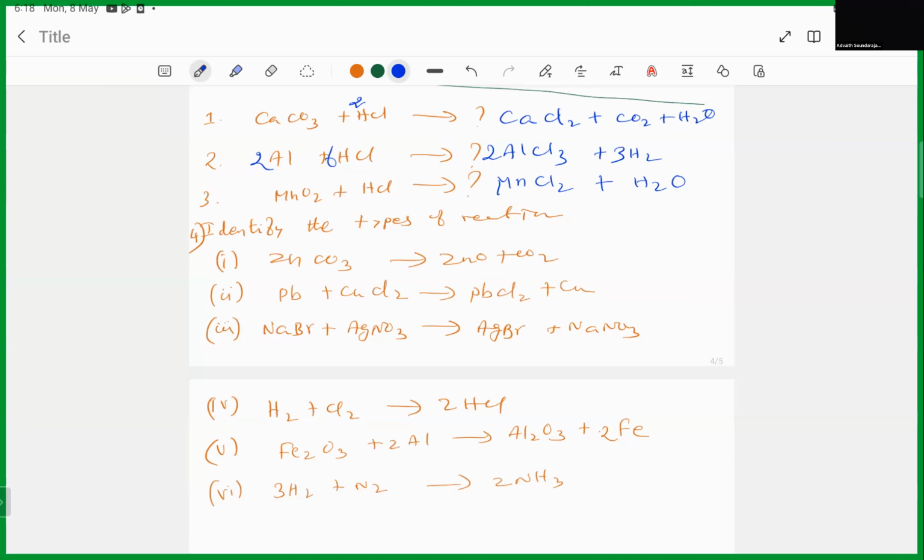How many HCl? So it's 2 MnO2, 2 MnCl2, 4H2, 4H2O. Then 4 2s are 8 hydrogen, no? Here you have only 4 HCl, no? Only 4 hydrogen is there, no?